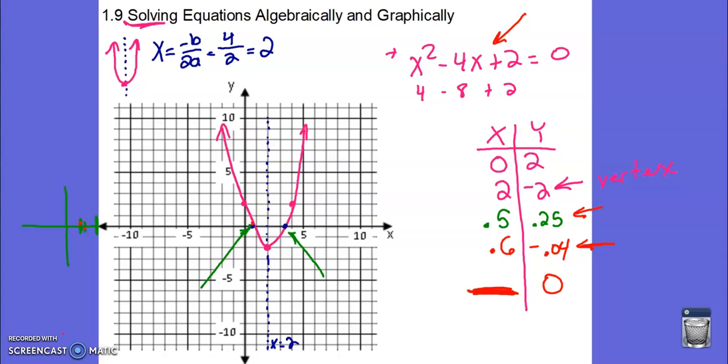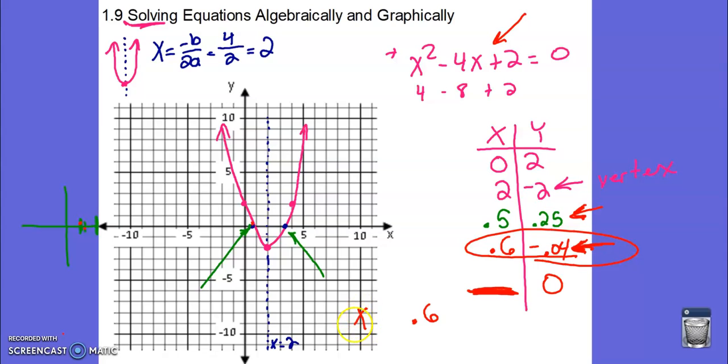Well, we're just approximating, and so this is slightly below 0, and this one's slightly above, but notice this one right here is closer. So 0.6 is my answer to the nearest tenths place.